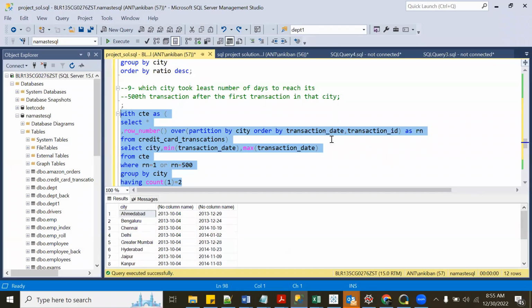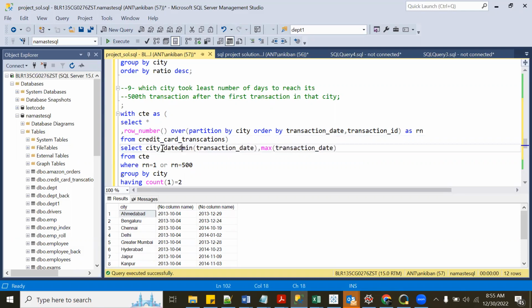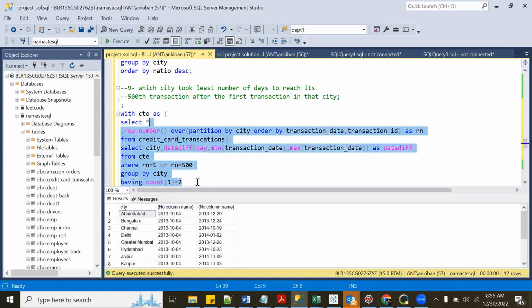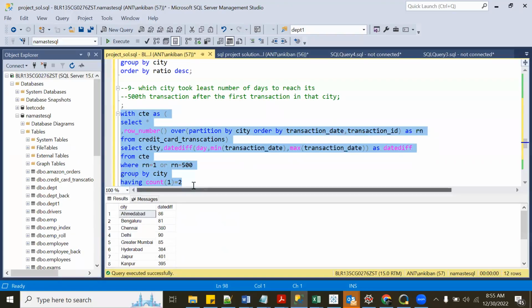Now what I need to find is which city reached in the least number of days. So I will say date diff, day, as date diff, and if I run it again, I will get the number of days.